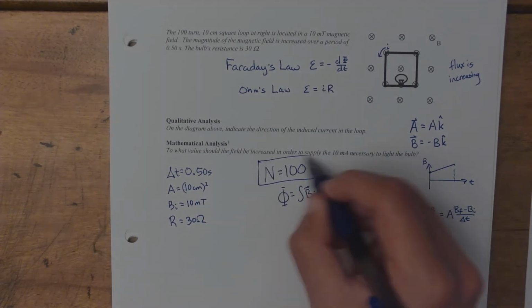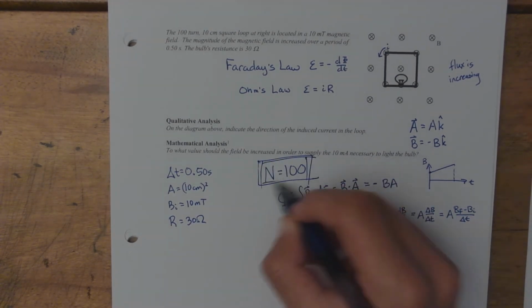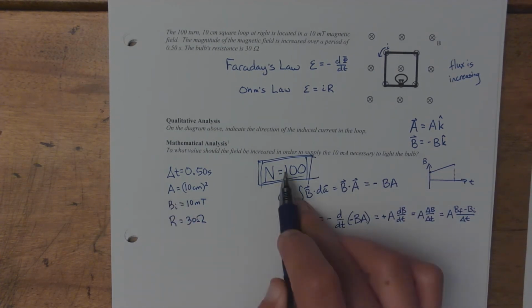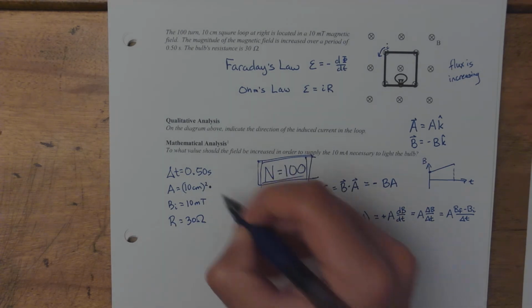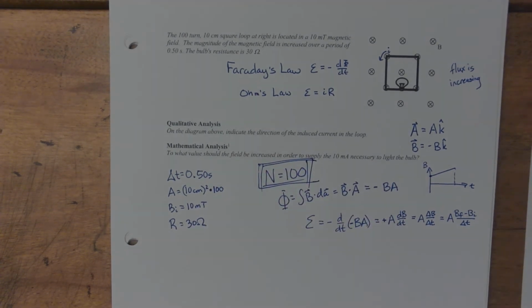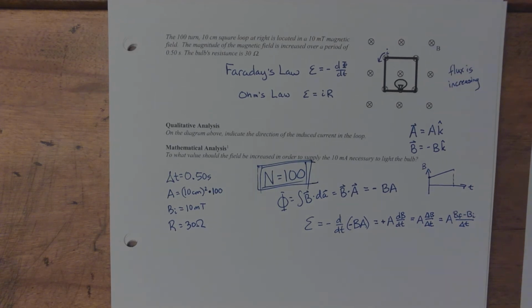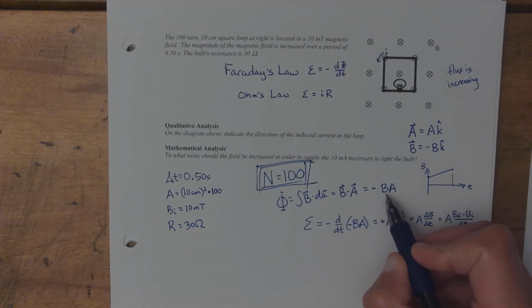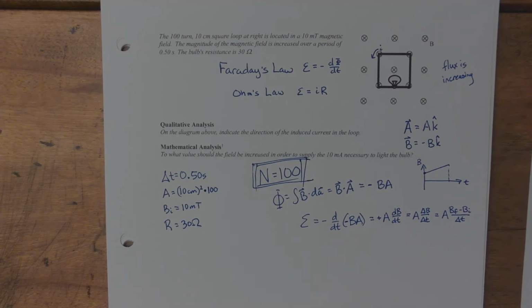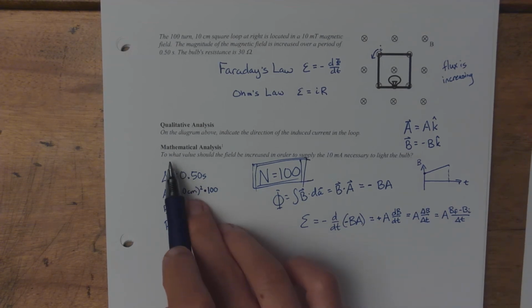And don't forget, I already forgot, because here, when I did the area, it should be N times that. So we'll just say times 100. Or you could say the flux is equal to B times N times A, as long as you get the N in there somewhere. So I have an expression for the EMF. I only have one unknown here, which is B final. That's what I want to find.